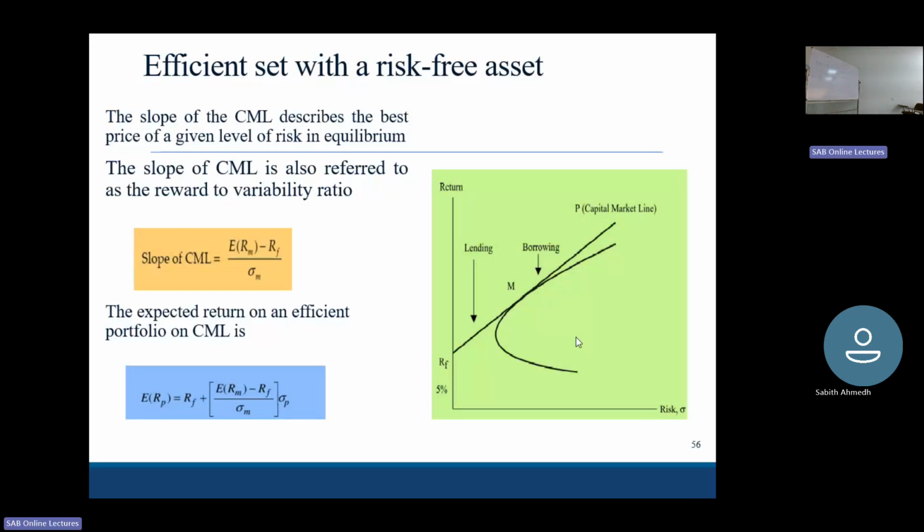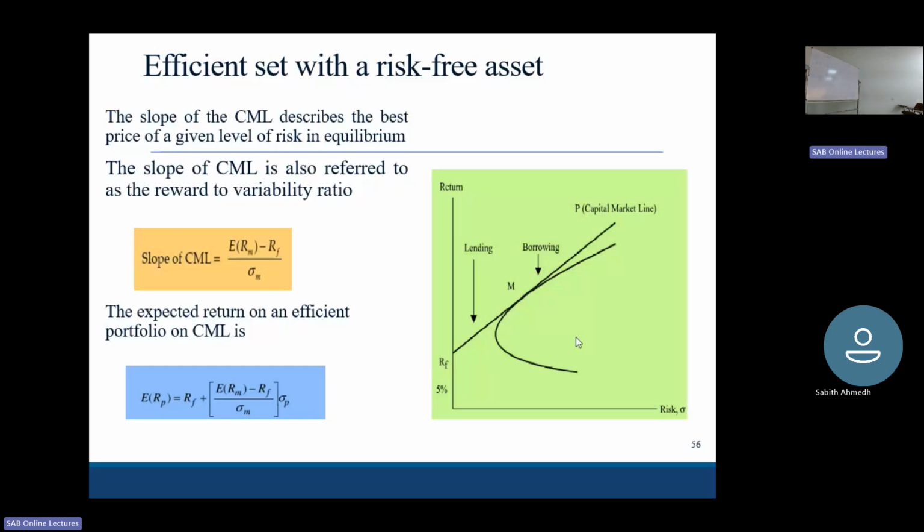So the slope you can calculate as the expected return of the market minus the risk-free rate, divided by the standard deviation of the market portfolio, the risky market portfolio. So the slope you can calculate using the expected return of the market portfolio.